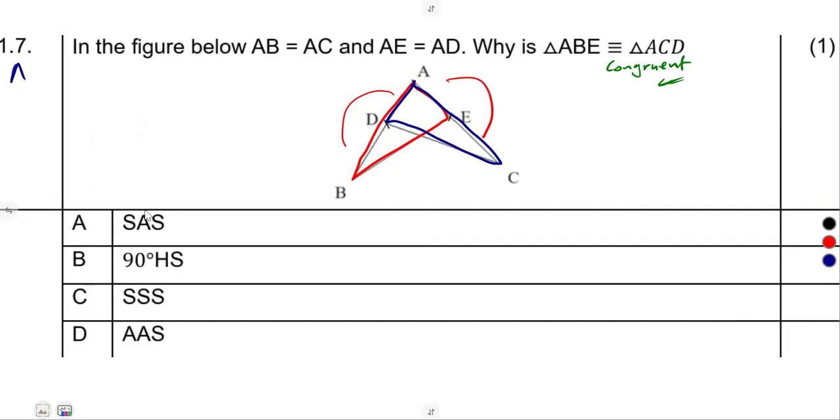All right, is it because of a right angle? Hypotenuse side? Is it because of side? What is the reason that you can put into consideration about these two? If we check properly, we are already told that AB and AC is equal. Those are sides. Being equal, it is already given that these two, they are equal, the sides. And also AE and AD.